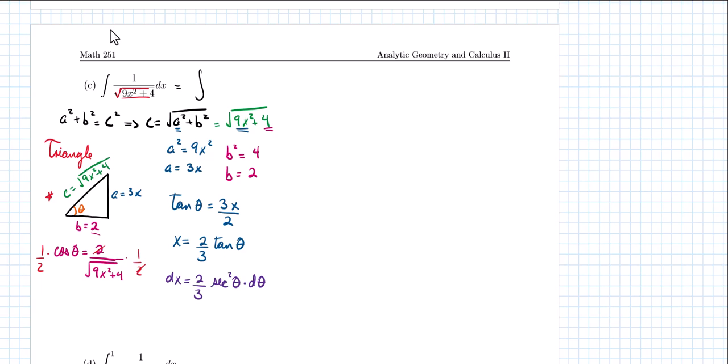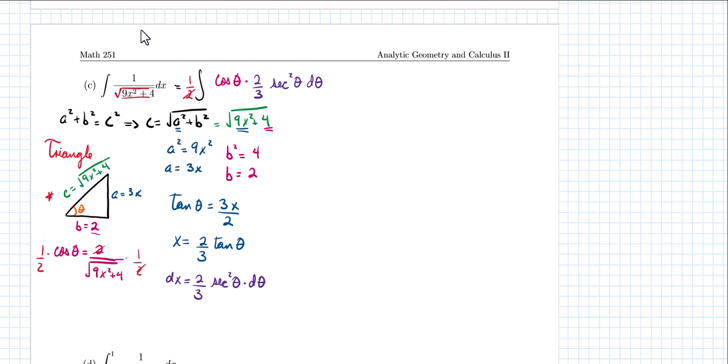So I'll rewrite it here. The integral should now be 1/2 times the integral of a cosine theta times our dx, but the dx we defined here as 2/3 times a secant squared of theta d theta.